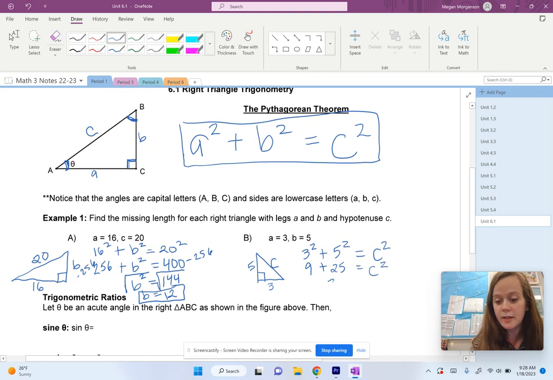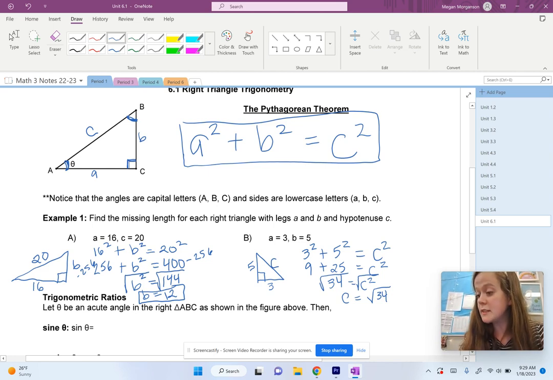So I can add those two together. I get 34 equals c squared. Then we need to get c by itself, not c squared. So to do the opposite, I'm going to take the square root of both sides. c equals square root of 34.